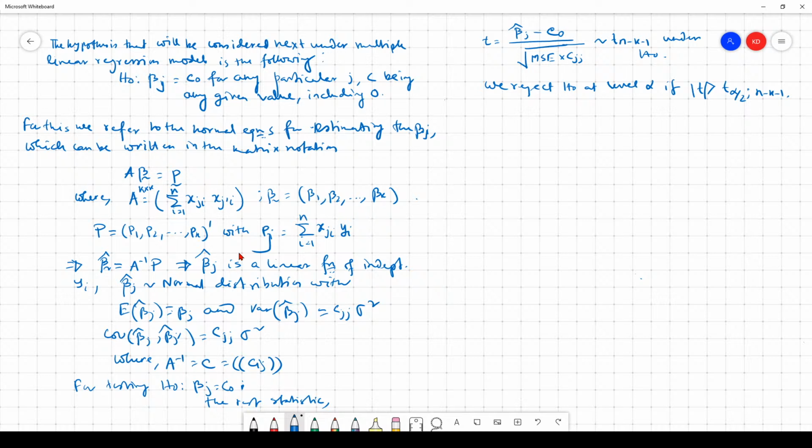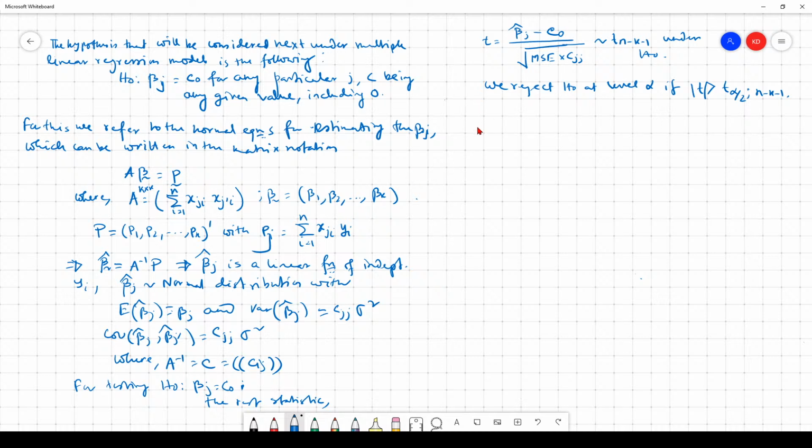Repeat again. For two tail test, mod T greater than T alpha by 2, n minus k minus 1. For right tail test, T greater than T alpha, n minus k minus 1. And for left tail test, T less than minus T alpha, n minus k minus 1, where T gamma, n minus k minus 1 is the upper gamma percentile point of T distribution with n minus k minus 1 degrees of freedom.